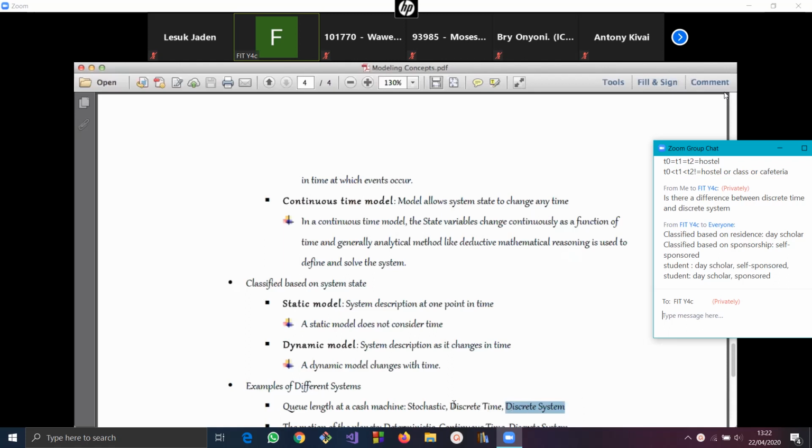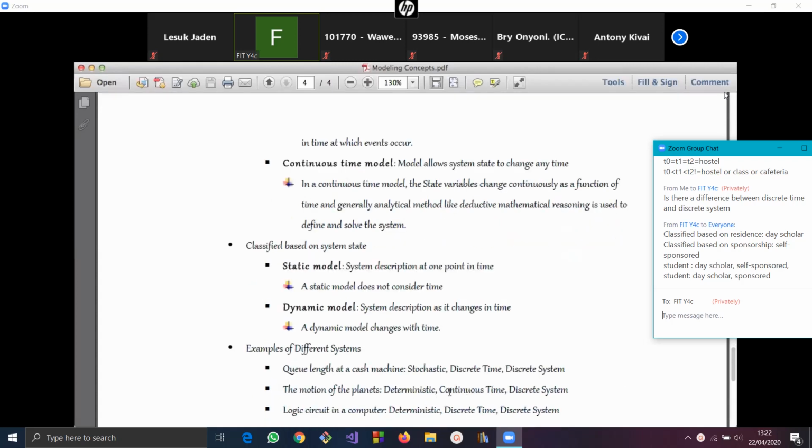Okay, a queue length, but it can't be a queue length for this matter. Something else. If here it's continuous, and as you can see somewhere here, but the deterministic, it is a continuous system. That's the motion of our planet, because we can determine time going on, so we can model it.